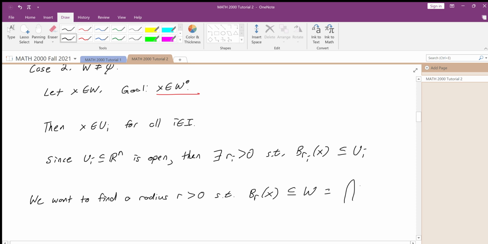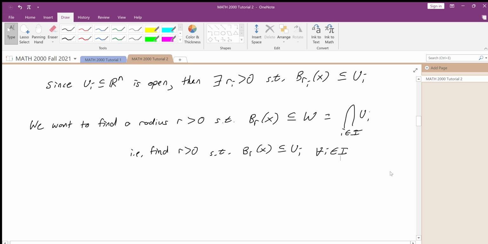Well, we know W is the intersection of all the UIs. So this is our goal, find a radius that does this. We could see that this is equivalent to saying the ball of radius R around X is contained by all the UIs individually, because it's contained by the intersection. So in other words, find a radius R strictly greater than 0 such that the ball is contained by UI for all I. That's what we need to do.